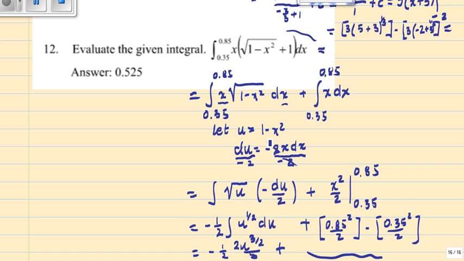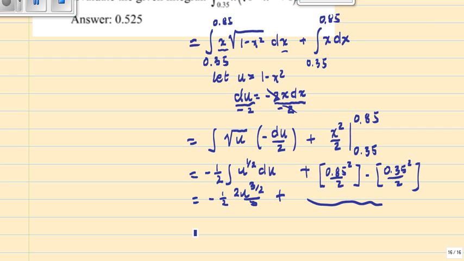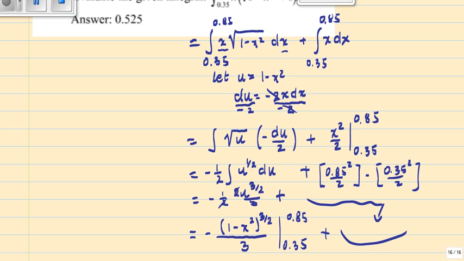You're going to substitute 1 minus x squared, so this is going to be equal to 2 and 2 cancel, so it's minus u, which is 1 minus x squared, to the power of 3/2 divided by 3, and limits from 0.35 to 0.85, plus whatever we get from here, and that will be all.